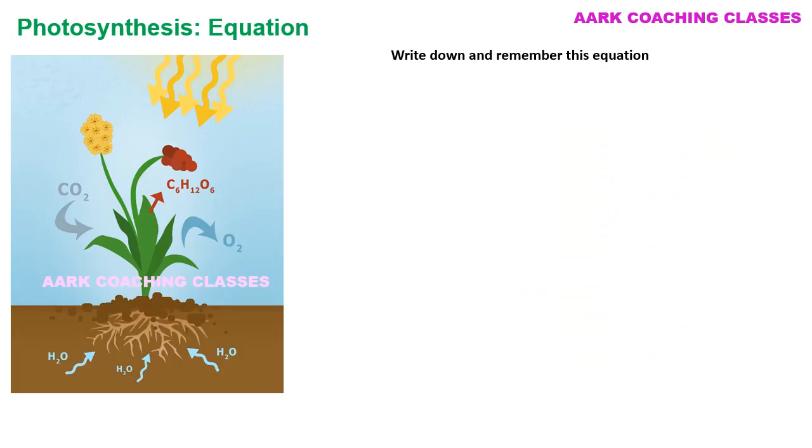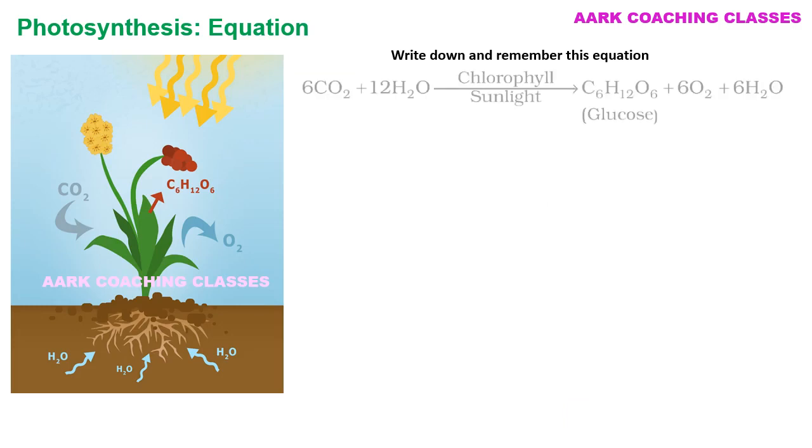Now, the equation for photosynthesis. This is very, very important. So you must write down and remember this equation. 6CO2 plus 12H2O, in presence of chlorophyll and sunlight, you get C6H12O6, that is nothing but glucose, plus 6 molecules of oxygen plus 6 molecules of water, right?